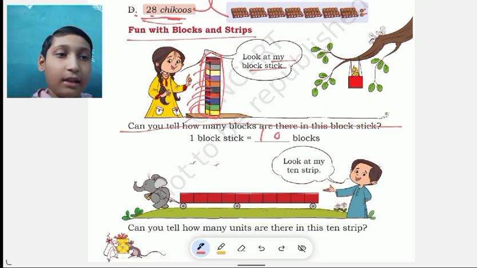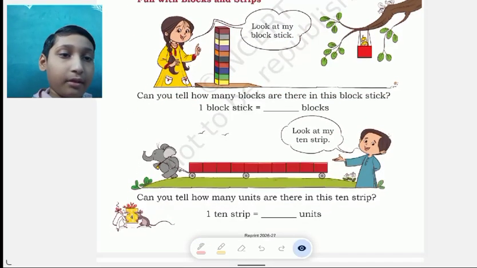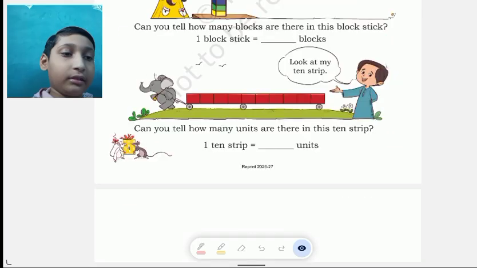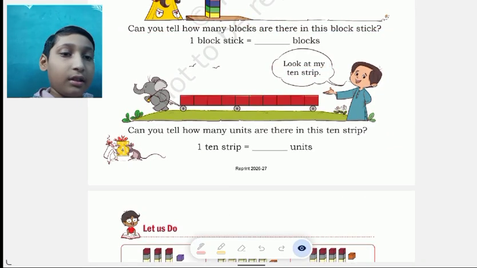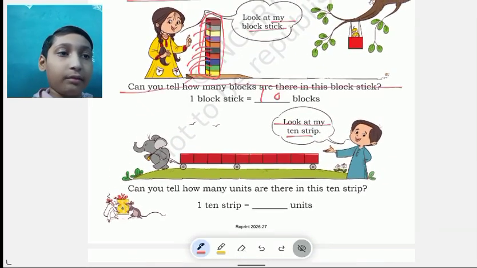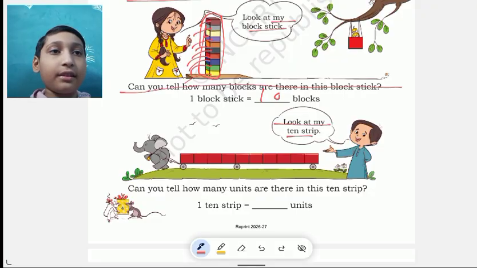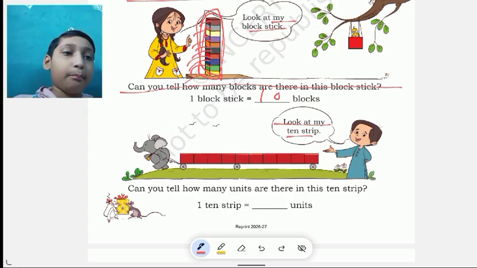So it's 10. Now look at my 10 stick. A stick looks like this. And there's a clear difference between stick and strip. A stick is like a cube, but a strip is just squares.